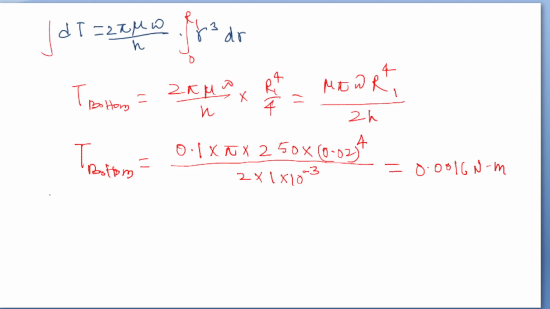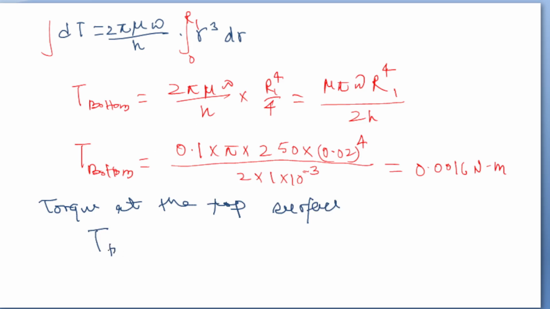Now the torque at the top surface. In a similar way we can calculate it. The torque at the top surface is mu pi omega r2 to the power 4 divided by 2h.